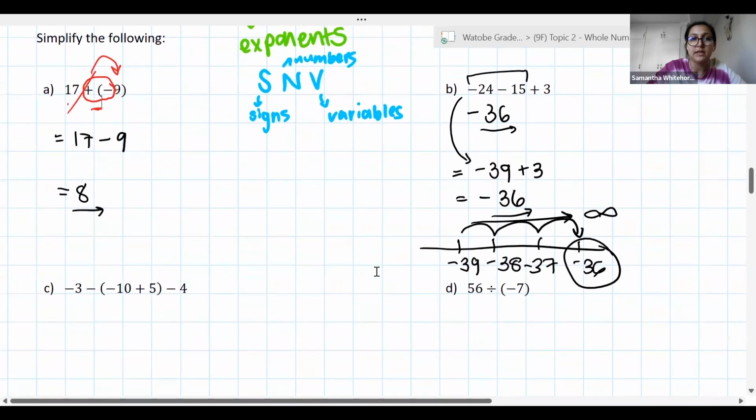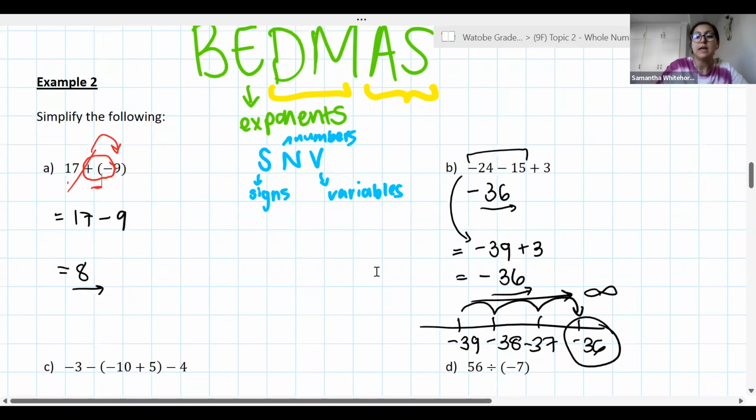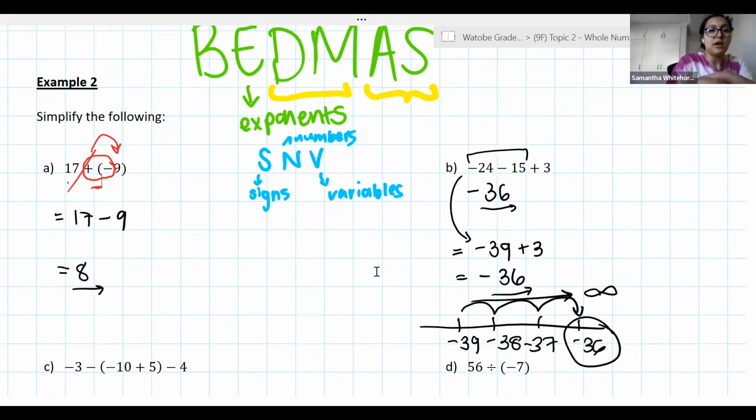Okay, so what I'll do is I'll leave those 2 up there like that. Let's leave bedmas or bedmas there. And what I want you guys to try for me by yourselves is question C and question D. If you're going to put your answers in the chat, please remember to label them like Mboniswa has done. C, or D, whatever, just so that we know which answers you're talking about.